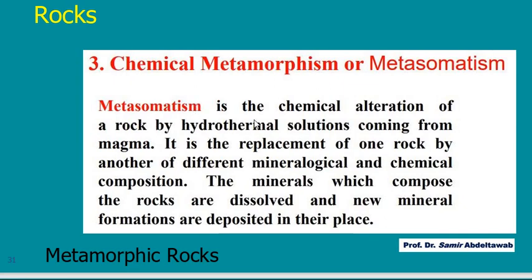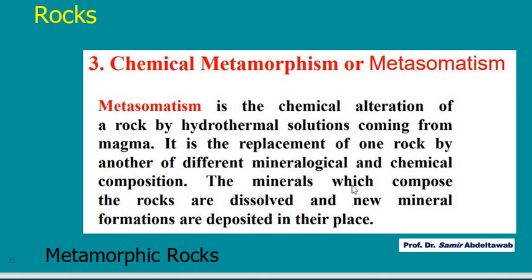Chemical metamorphism is the alteration of the rock by hydrothermal solution coming from magma. So once the magma comes up, some kind of reaction will happen, changing the chemical formation of the material, of the rock.